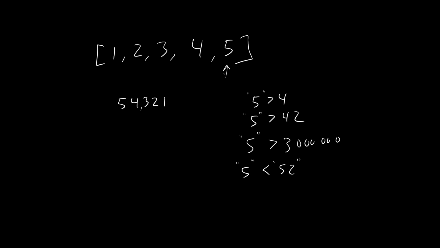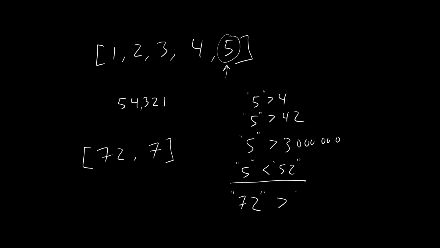So it seems like what we can do is we could just greedily take the biggest, this guy, because 5, and then you're just gonna put them in front. So that would be like the best case scenario. However, that's not completely true, because imagine if you had 72 and also 7, then technically, we know that 72, the string 72, is bigger than the string 7, right?